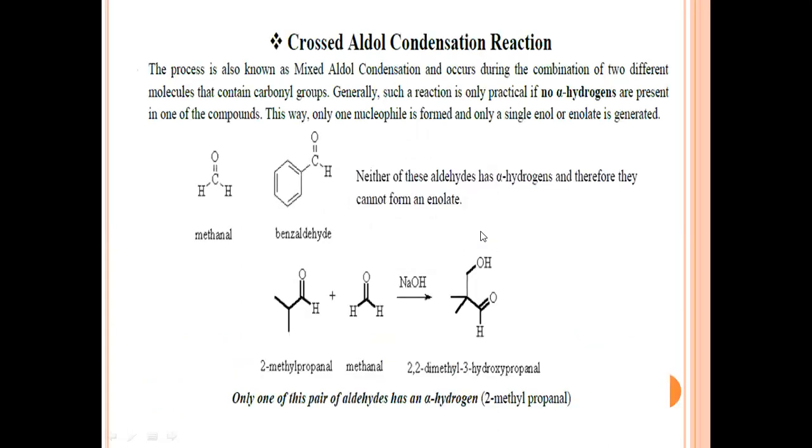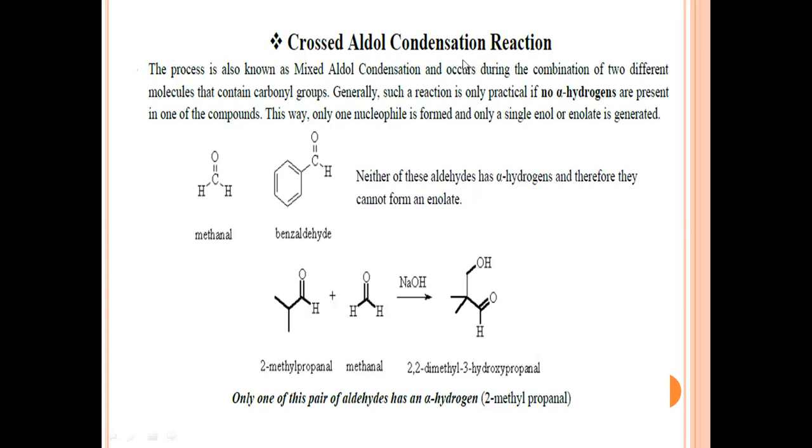Now, the next type of condensation reaction is the crossed aldol condensation reaction. As we have already discussed, when any carbonyl compound goes for the aldol condensation reaction, it must require the presence of an alpha hydrogen atom.